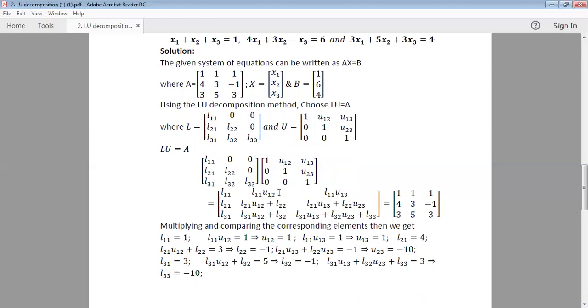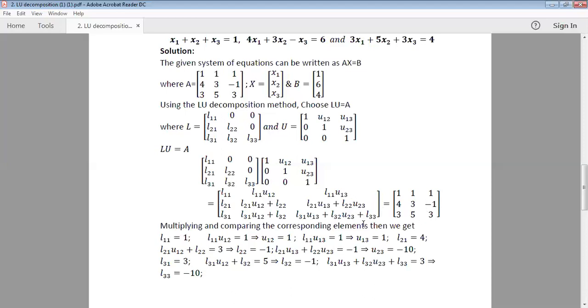Second row and second column: L21 U12 plus L22. Second row and third column: L21 U13 plus L22 U23. Third row and first column: L31. Third row and second column: L31 U12 plus L32. Third row and third column: L31 U13 plus L32 U23 plus L33. This equals 1 1 1, 4 3 -1, 3 5 3.